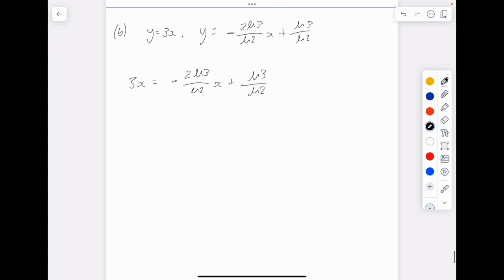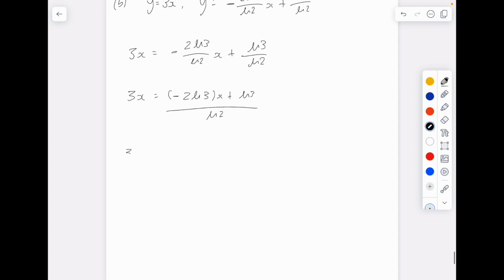Now if I want to solve this, I can say that 3x is the same thing as saying negative 2 ln 3 over ln 2 x plus ln 3 over ln 2.